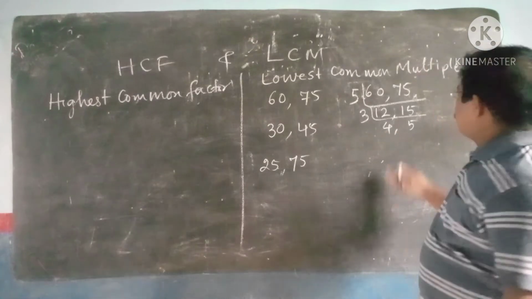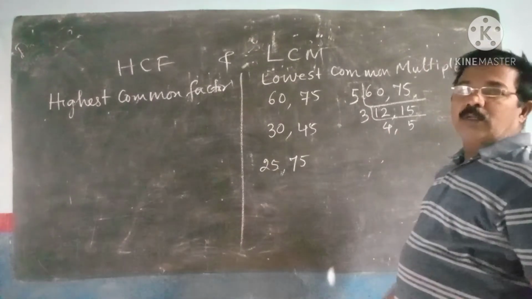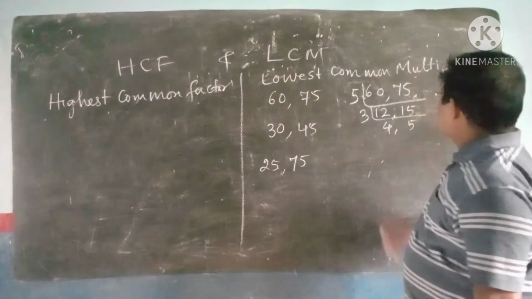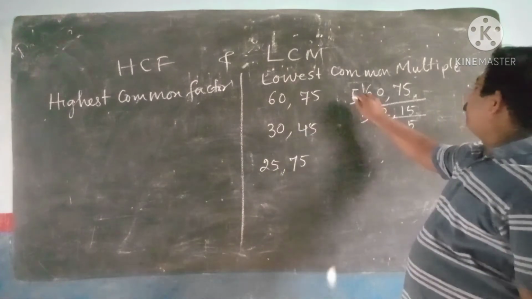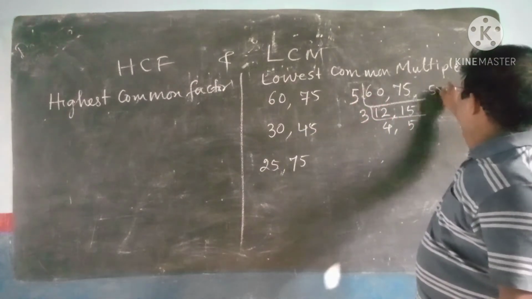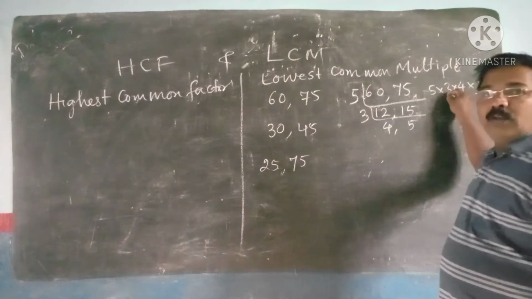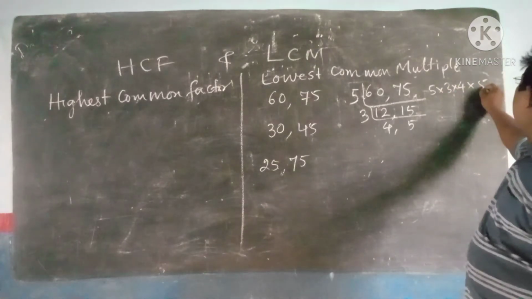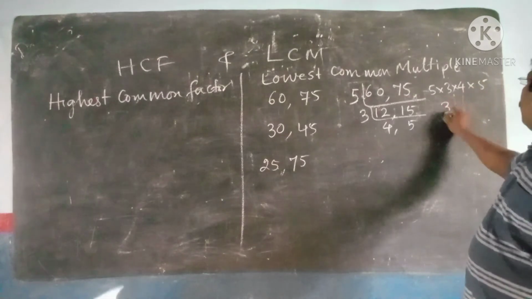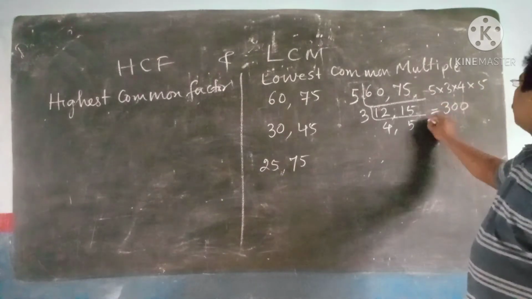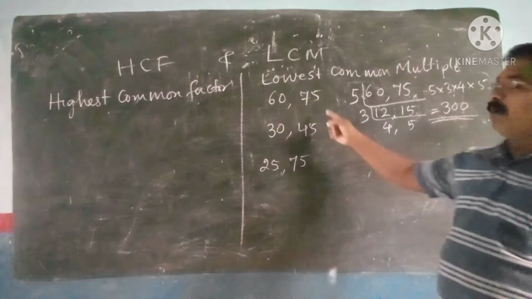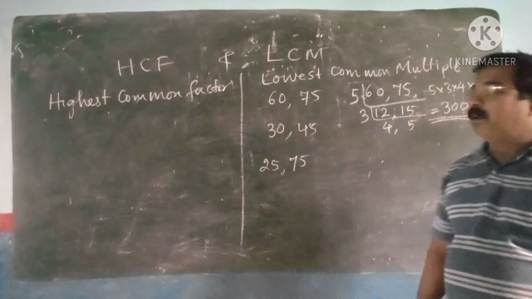Now there is no common number to divide the numbers, so we multiply 5 into 3 into 4 into 5. 5 times 3 is 15, 15 times 4 is 60, 60 times 5 is 300. So the LCM of 60 and 75 is 300.